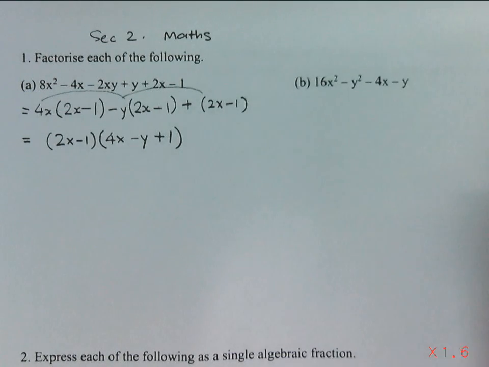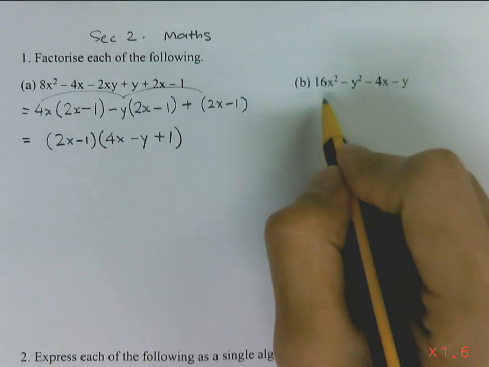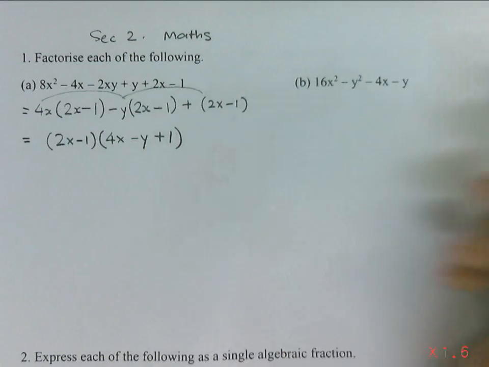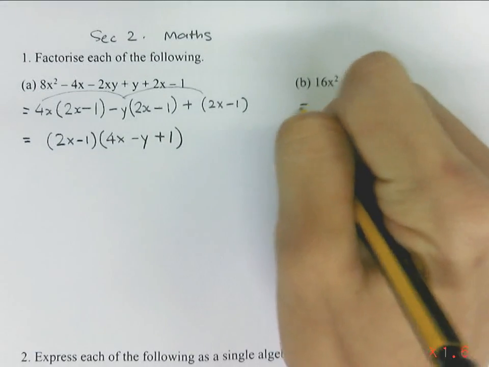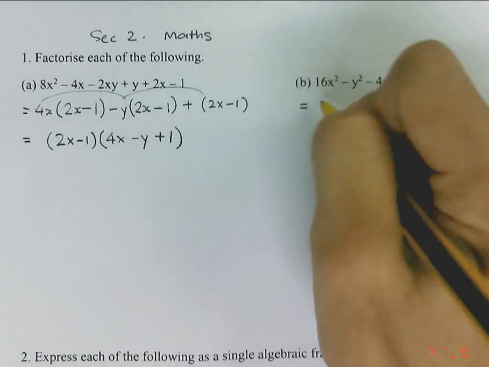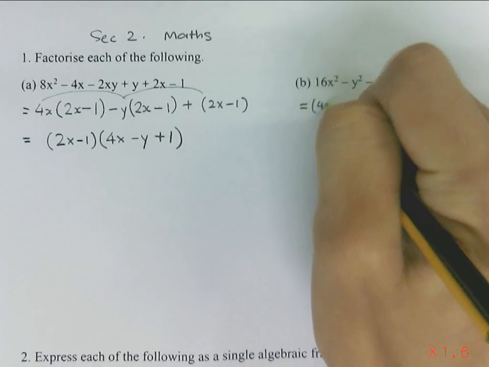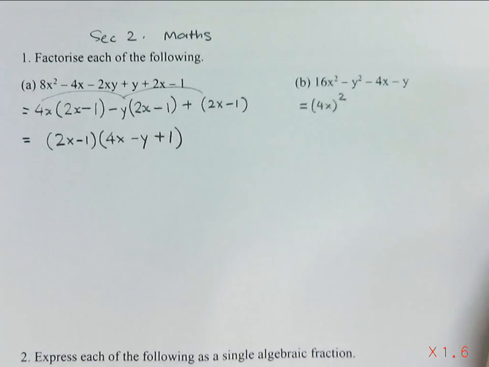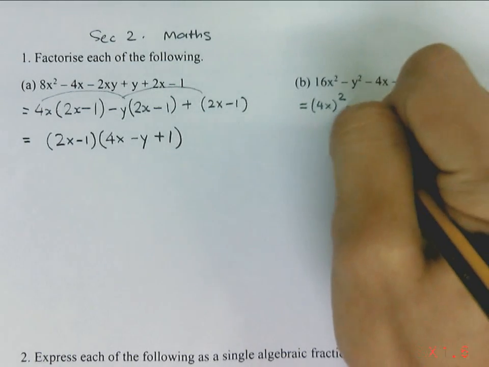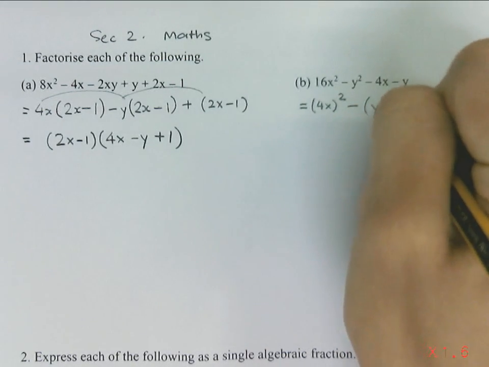For part B, we notice that the first 2 terms are in perfect squares. So we have to express them in perfect squares. 4x squared for the first term. The second term will just simply be 1y, which is just y squared.